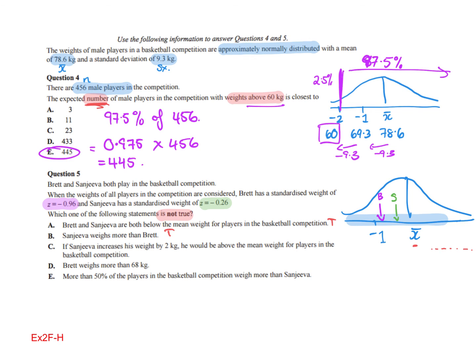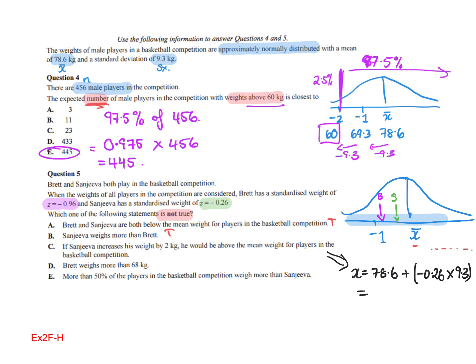So what you could do here is work out what Sanjeeva's weight is from the Z score because we have all those things. So we want to know what Sanjeeva's actual weight is. We could do the mean, which was 78.6, plus his Z score, negative 0.26, times the standard deviation, which is 9.3.